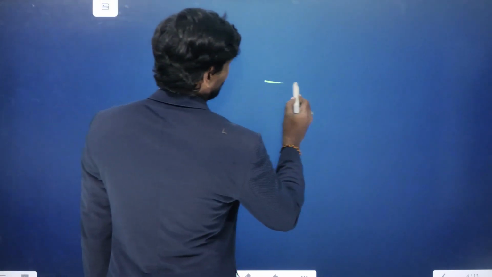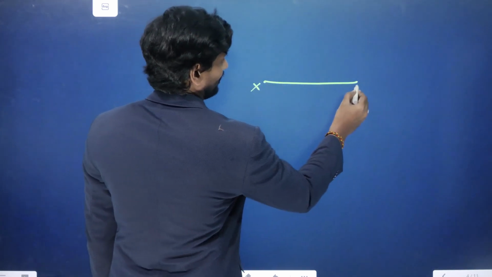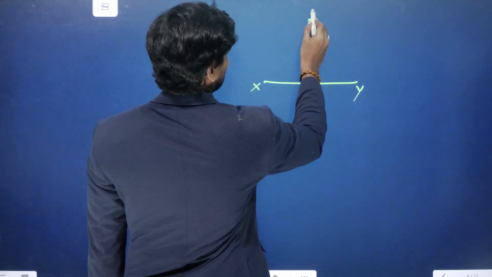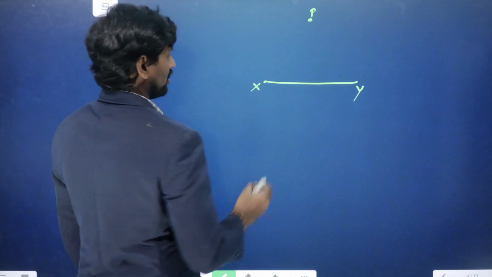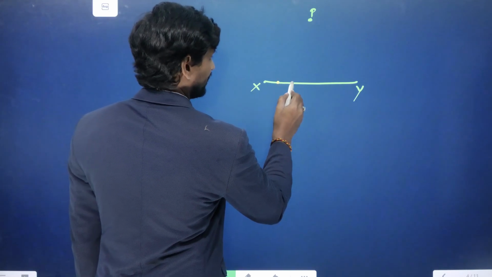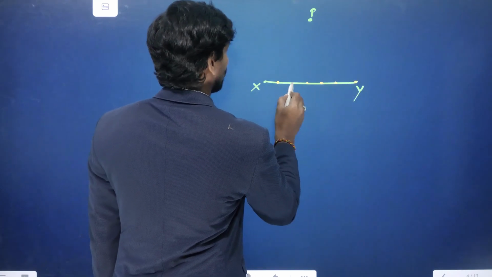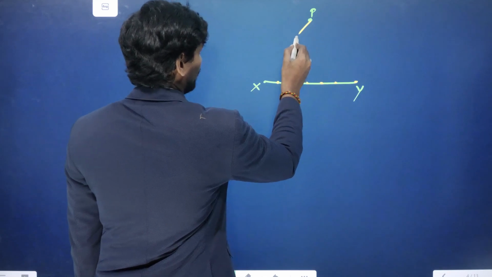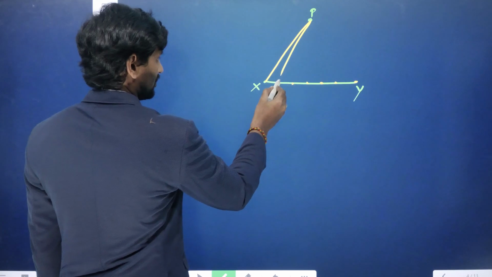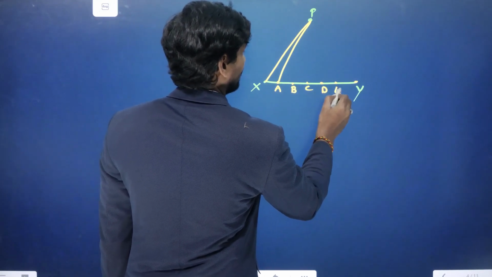For example, I am taking a common base XY, and here the common vertex is P. Now I am taking lots of points on the line segment and drawing lines from P to all the points. I am taking the points as A, B, C, D, E.